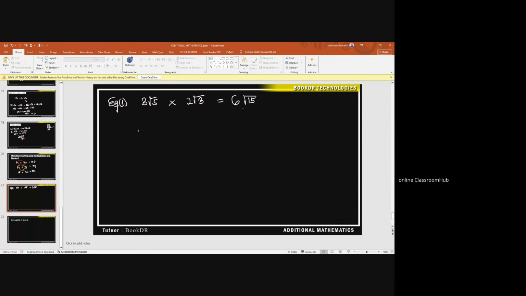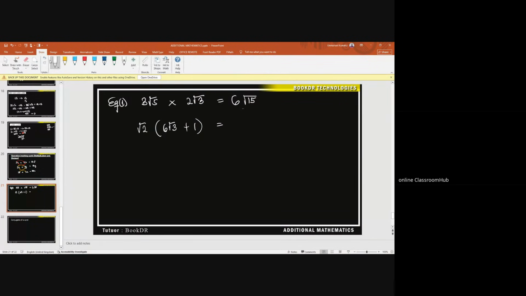Good. You can have root 2 into bracket 6 root 3 plus 1. So if you are multiplying, this is a bracket, and you open the bracket as such. The root 2 will multiply the first term in the bracket and also multiply the 1.